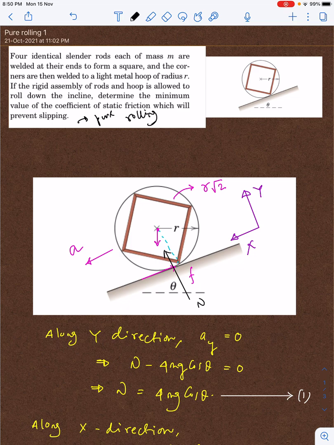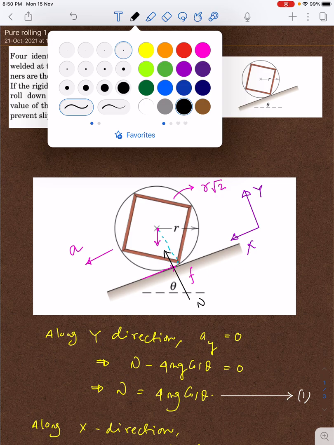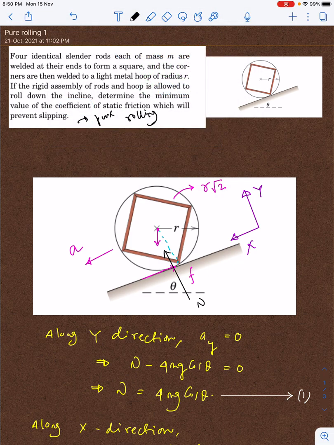Now here in this case you can see an elaborated diagram. In this diagram we can clearly see the different components of the forces being shown. In this direction we will definitely have the weight mg acting on the entire system. By default we are considering that the entire gravity is acting at the center, because due to symmetry the center of mass will lie here.